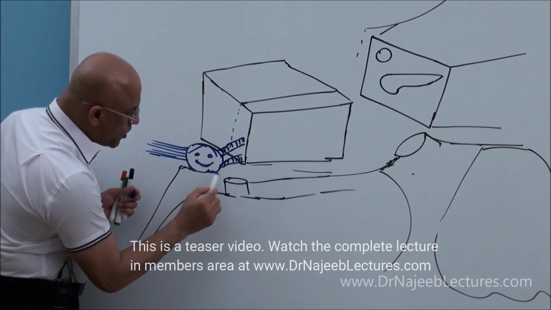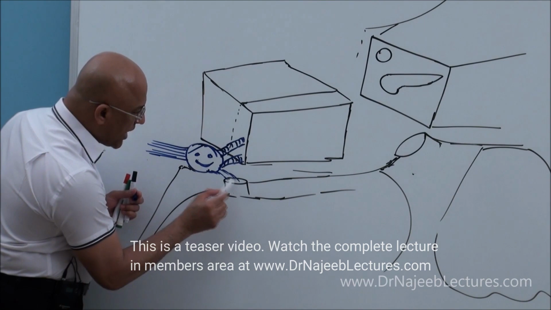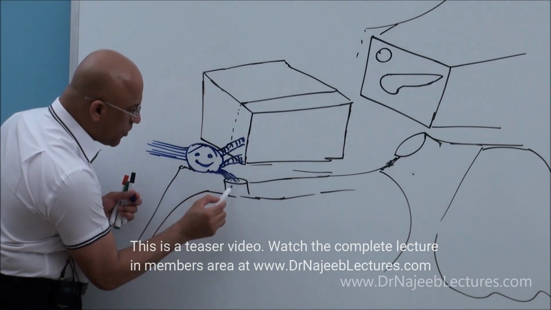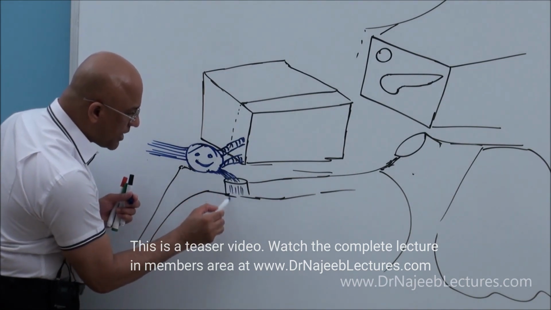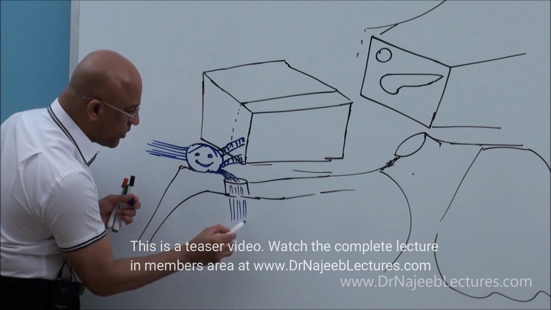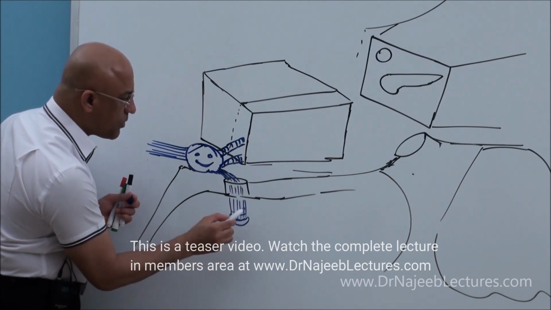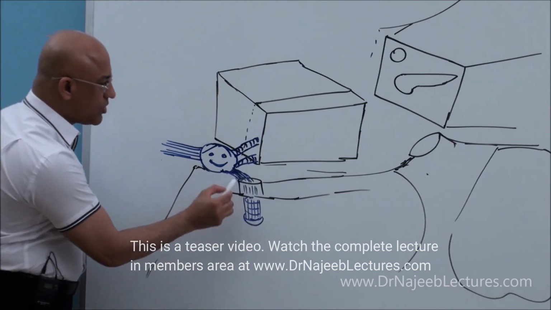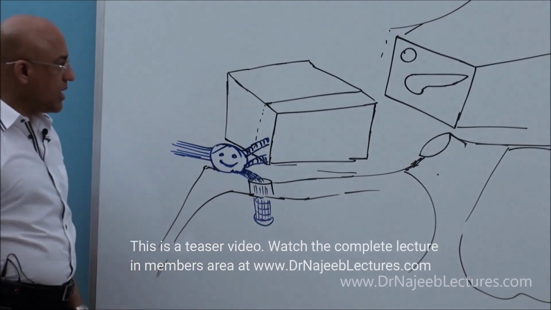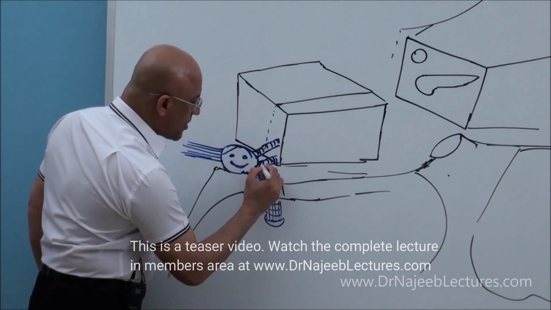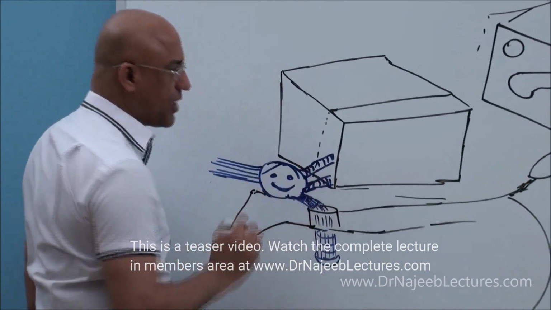As you know, the mandibular division will pass through the foramen ovale, go inferiorly and appear in the infratemporal fossa. So this is your mandibular division, maxillary division, and ophthalmic division.